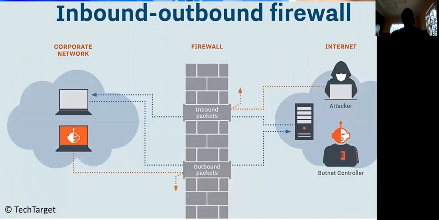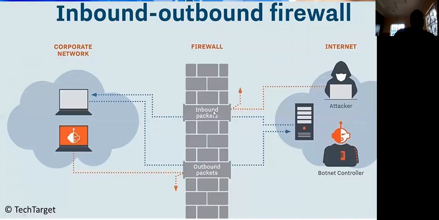So this is what we call the inbound and outbound rules being set. If you look at this place, you will see that the inbound packet allows the communication to go into your own system.